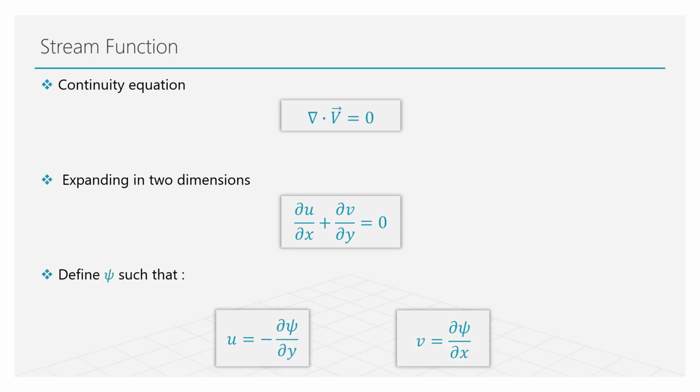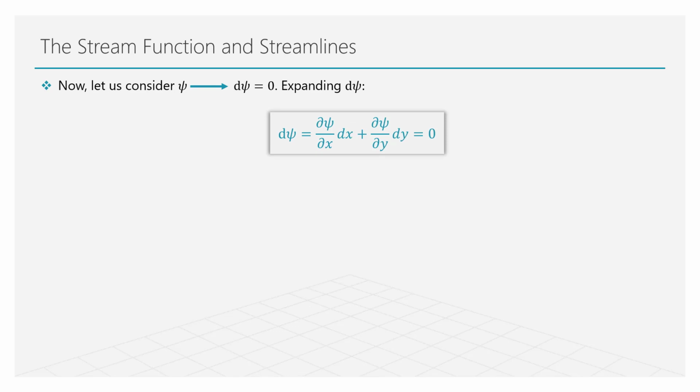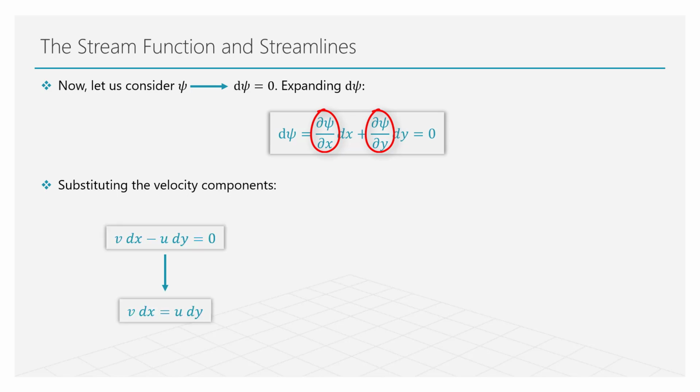Let us now define a function called psi in the following way. Now, let us consider the equation for the differential form of psi. Notice that the terms are nothing but the velocity components that we just defined. Substituting for them, we get the following form of the equation. This equation should look very familiar.